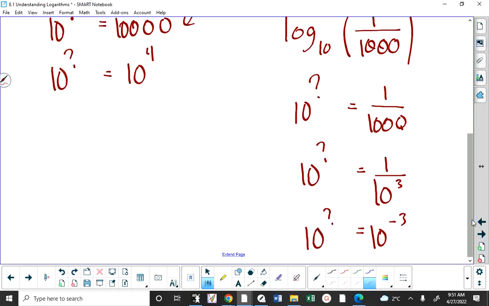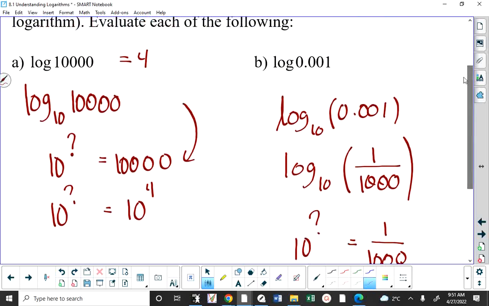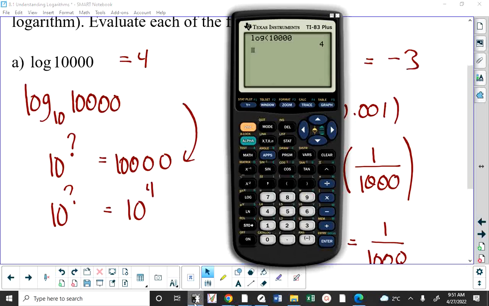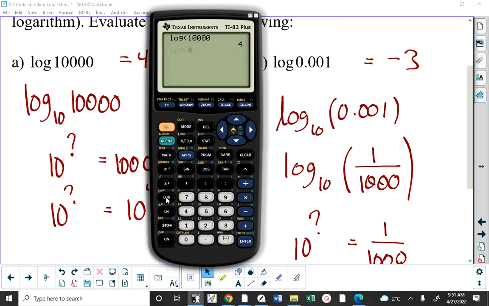So the exponent to which you raise 10 to get 0.001 is negative 3. And you can certainly check that on your calculator. Log of 0.001 gives you negative 3. Any questions with the common logarithms?